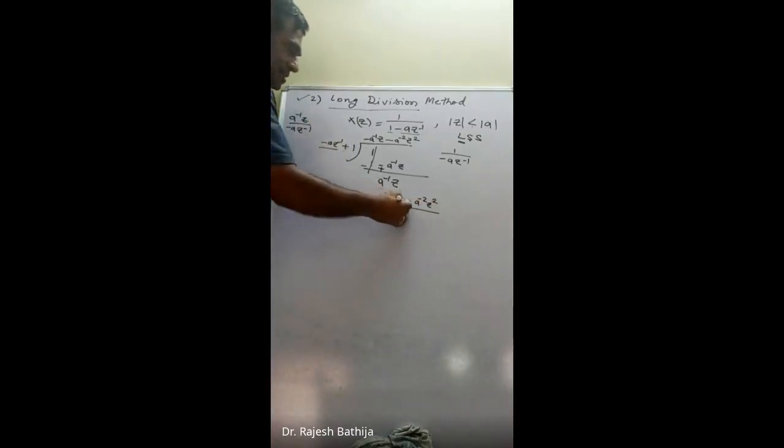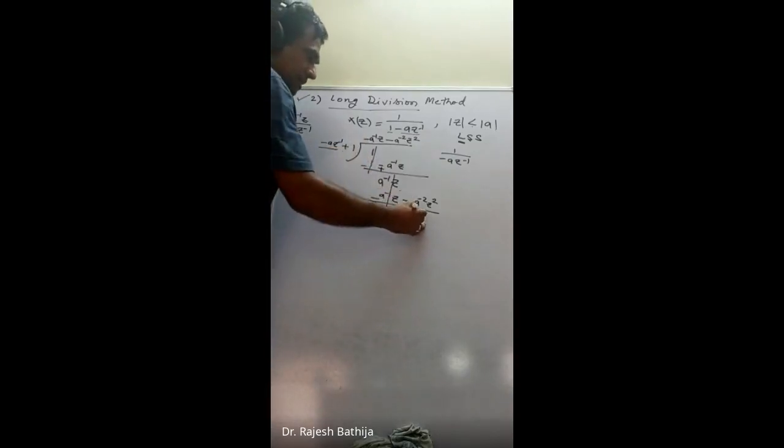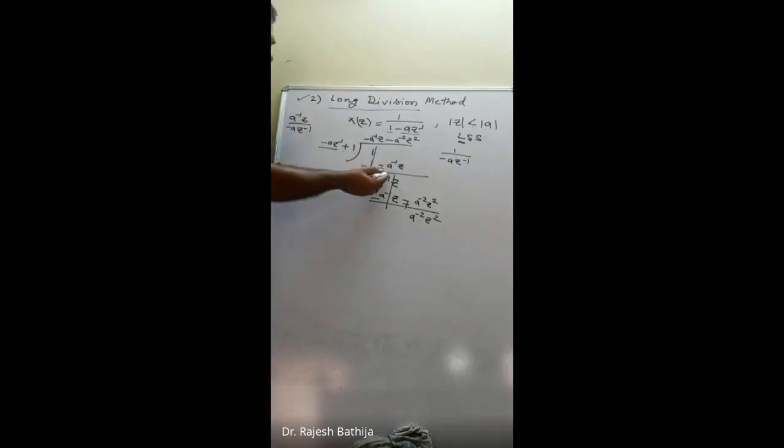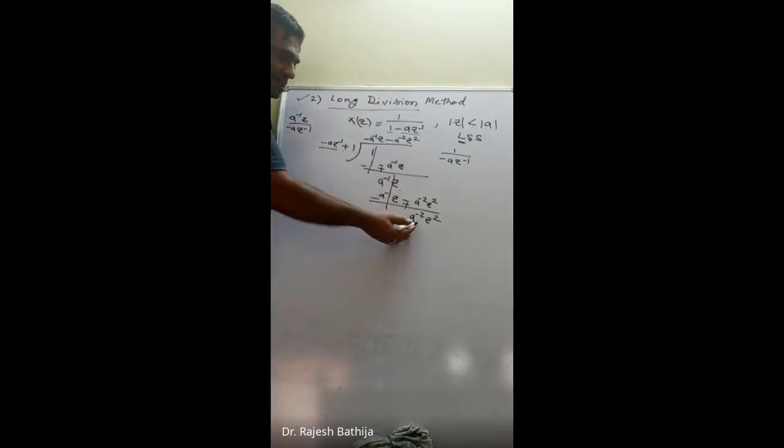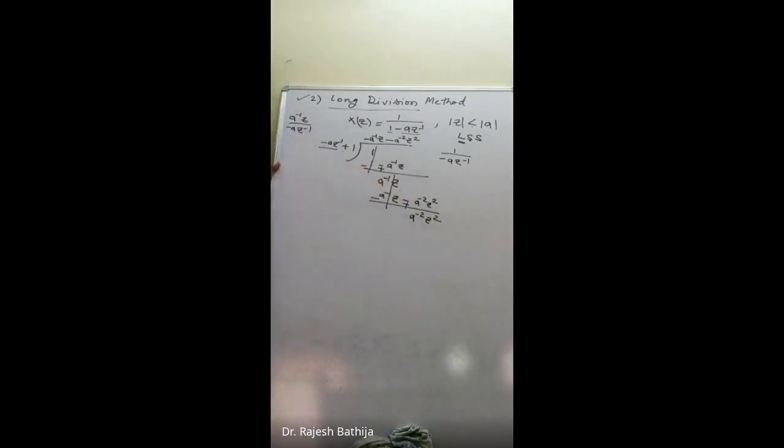Again, subtracting, this is minus, this will be plus, this will cancel out. So here it will be a to the power minus 2 z to the power 2. Previously, first term was a inverse z. The next term is a to the power minus 2 z to the power 2. And so on it will repeat. Right? And that's why this approach is known as long division approach.